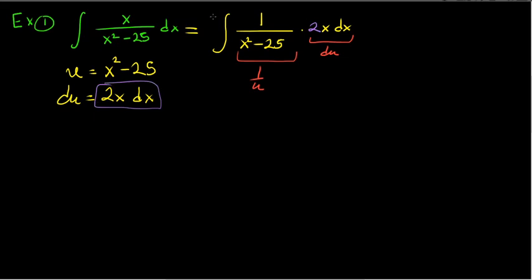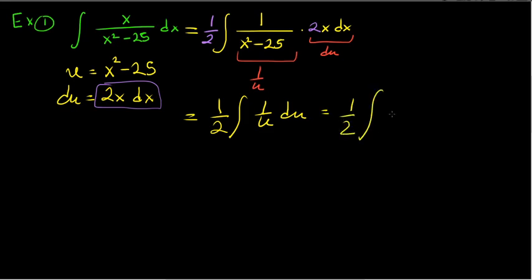So if I multiply by 2, I also divide by 2 on the outside. And if I do that, everything should work out perfectly. I have 1/2 the integral of 1 over u times du, which is just another way to write 1/2 times the integral of du divided by u. Same thing.